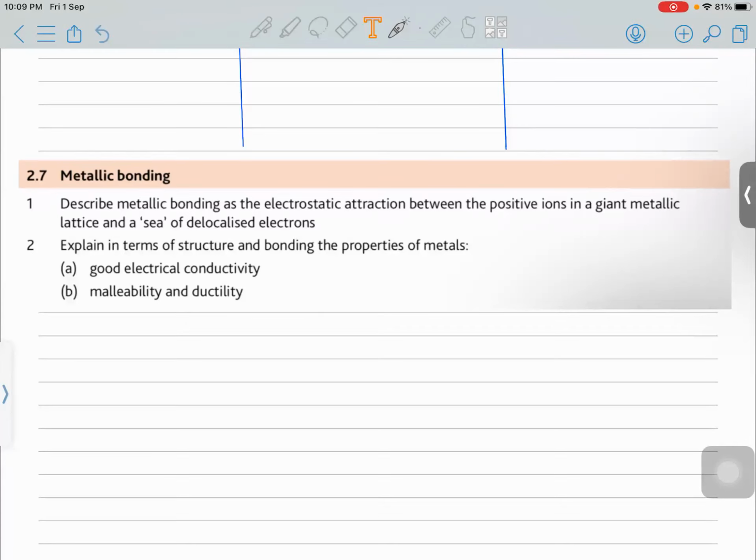Can you tell me anything about it? No, sir. I knew about ionic and covalent, but not metallic.